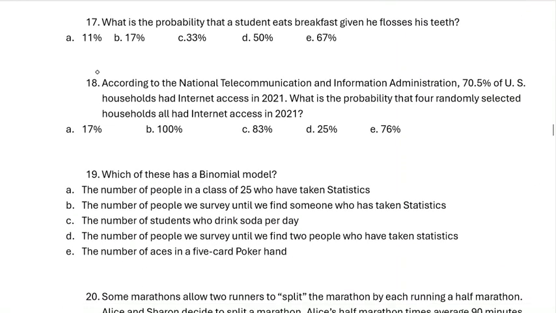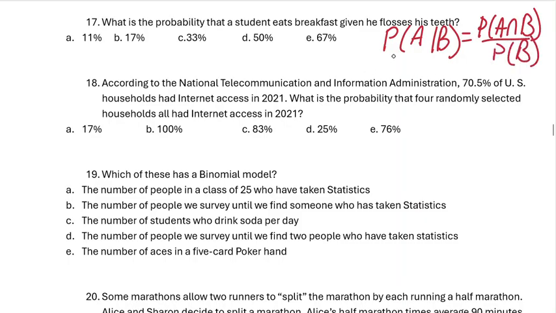What is the probability that a student eats breakfast given he flosses his teeth? Well, you have a formula for given. It's on your green sheets. It's the probability of A given B is equal to the probability of A and B over the probability of B. So the probability that a student does both is 0.40, given he flosses his teeth.